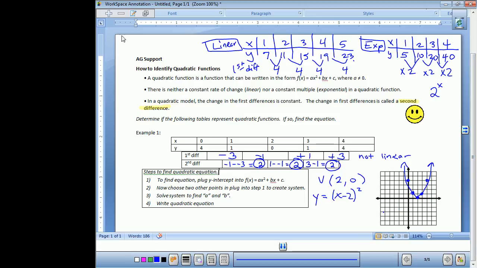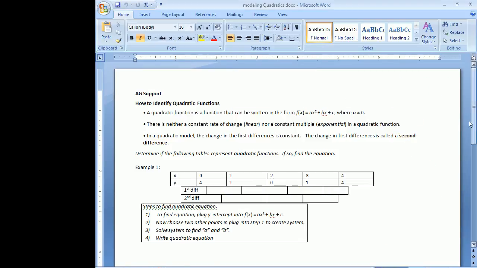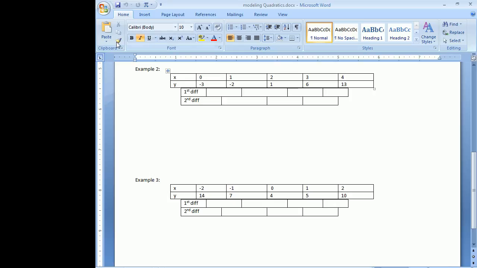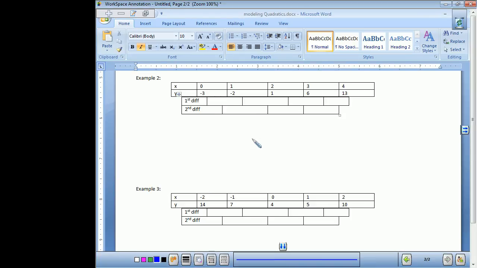All right. So now let's look at the next one. We're going to come back to this part 2 in a second. We're not going to do it yet, though. Okay. Let's look at example 2. Every time, I want you to check and see, do the x's increase by the same amount? Yes. Now, let's look at the y's.